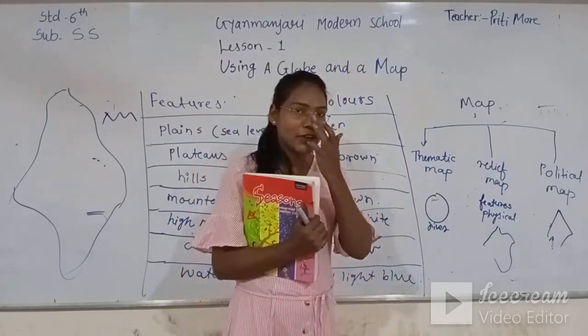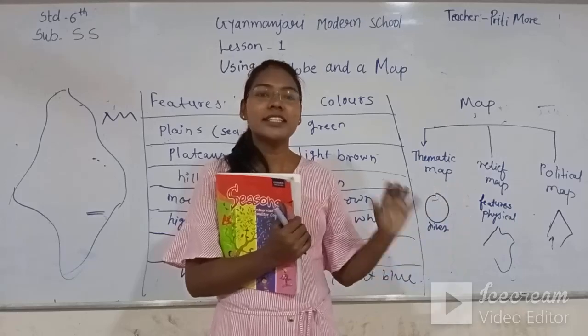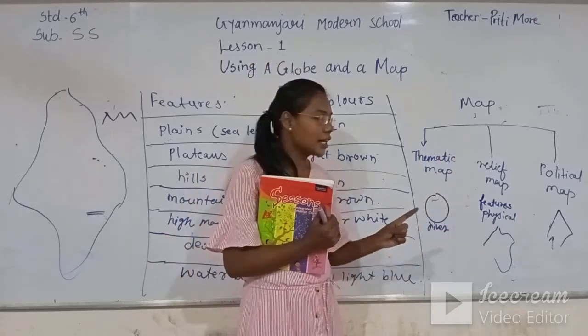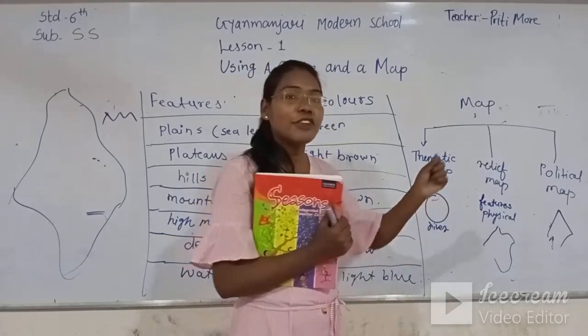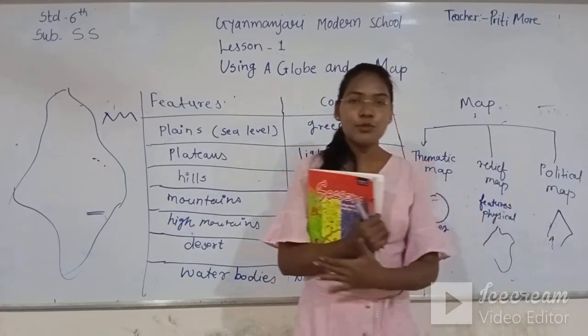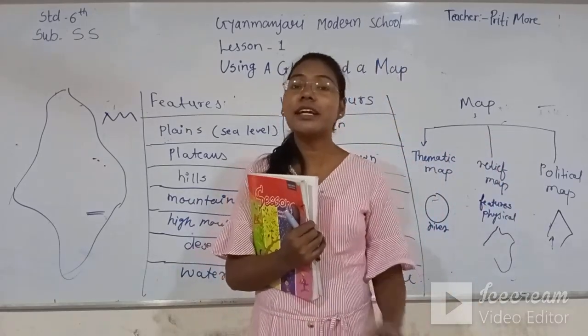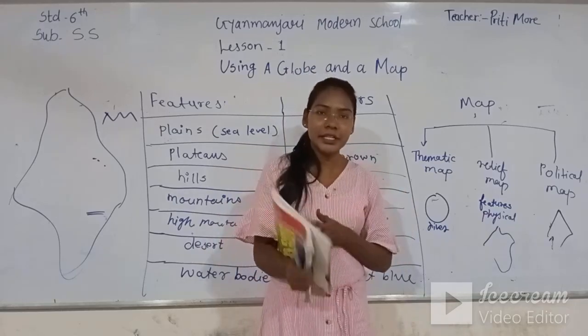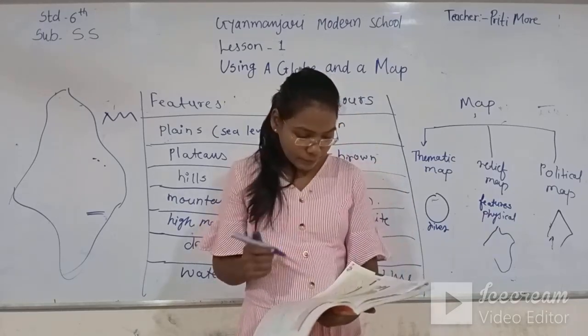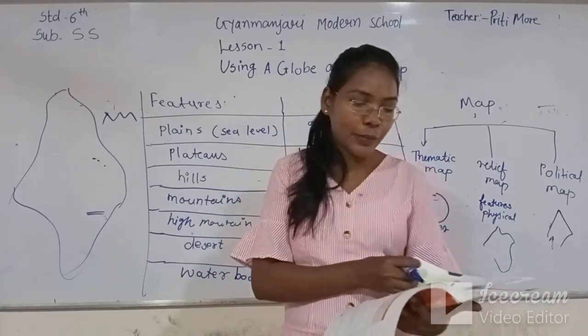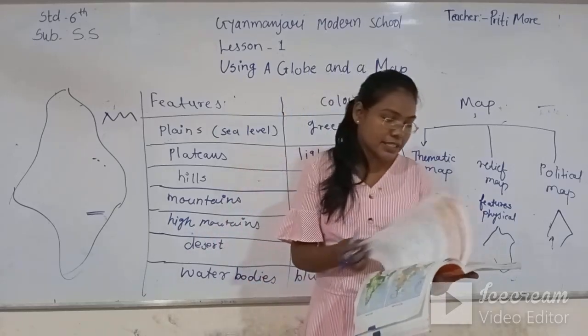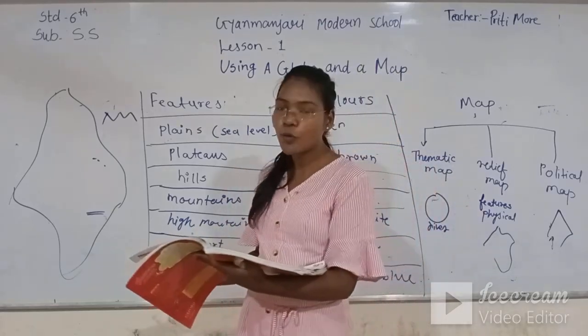In the political map we have seen some states, their capitals and their boundaries, so we can see where Delhi is, where the Yamuna river is, where the Ganga river is. All these things we can nicely identify on the map. So I hope, guys, you all got this first lesson, using a globe and map.